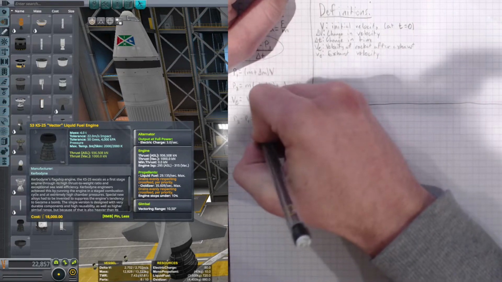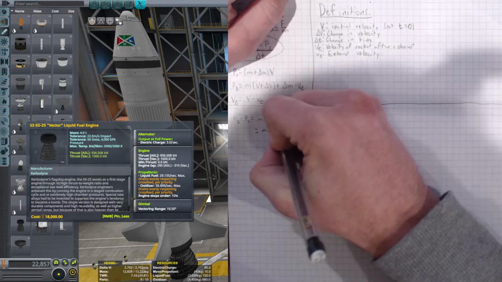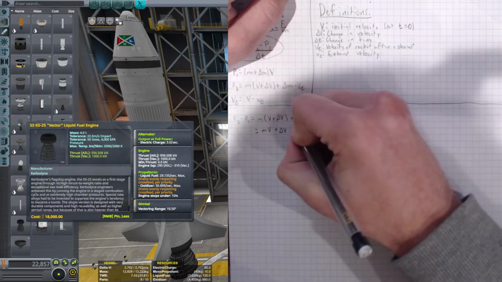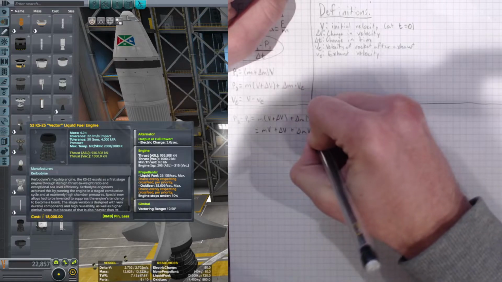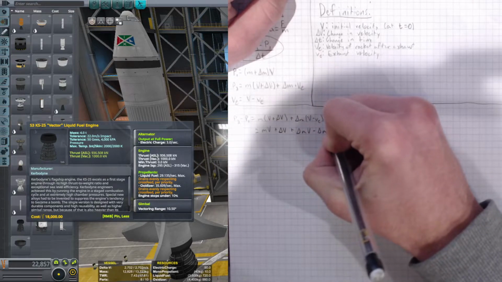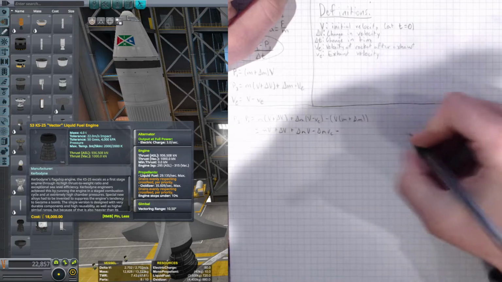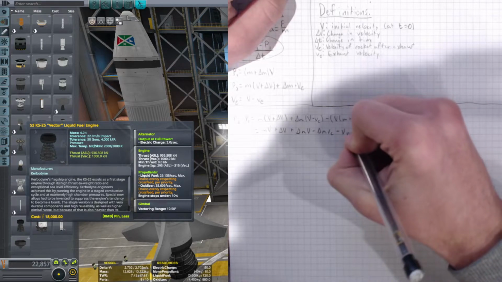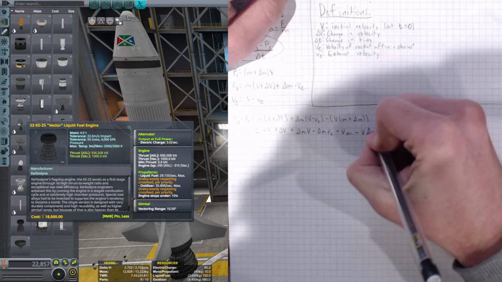We can carry these out and get MV plus M delta V plus delta M V minus delta M VE minus VM minus V delta M.